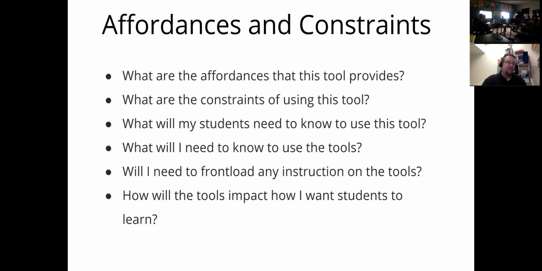The other piece that's important is to say, what will my students need to know in order to use this tool? If you're bringing a tool for the first time to the table, there's going to be some front loading that has to be done, potentially for them to be successful, especially if it becomes more complex. We used to use the example with our teachers who might be looking to blog with a kid or have a kid go on a blog.